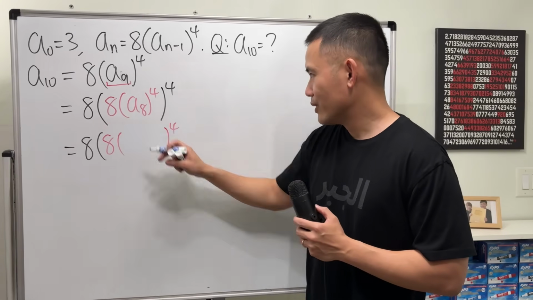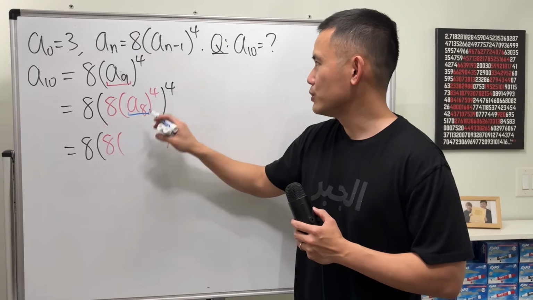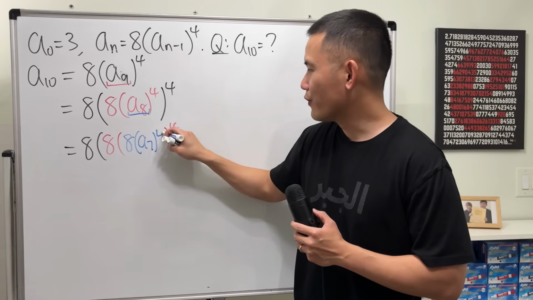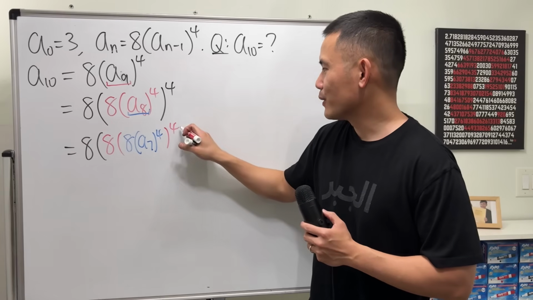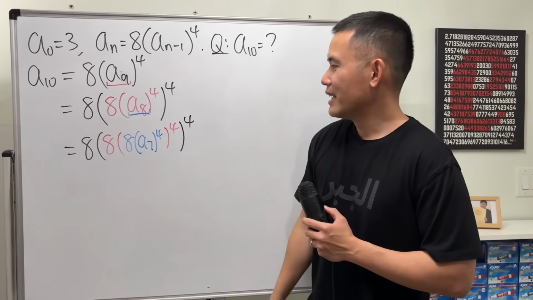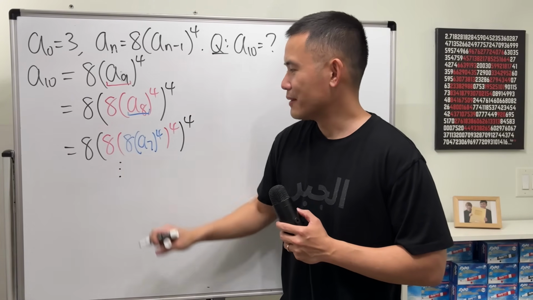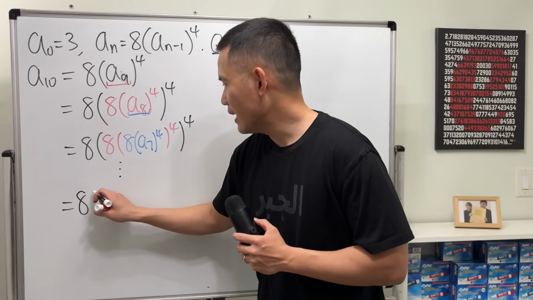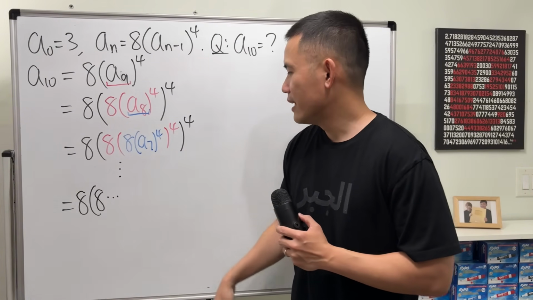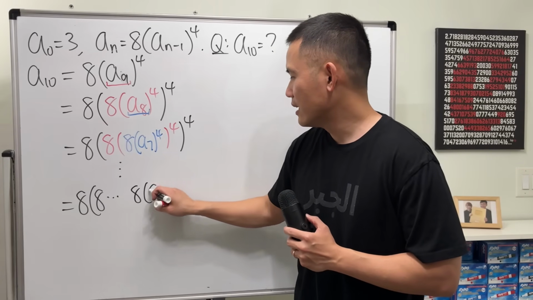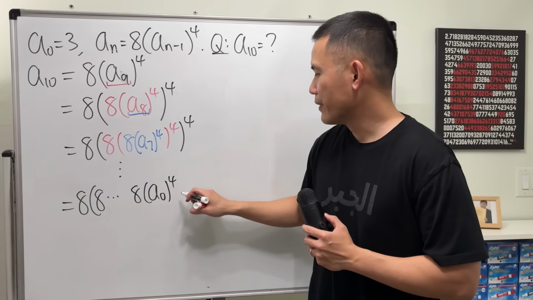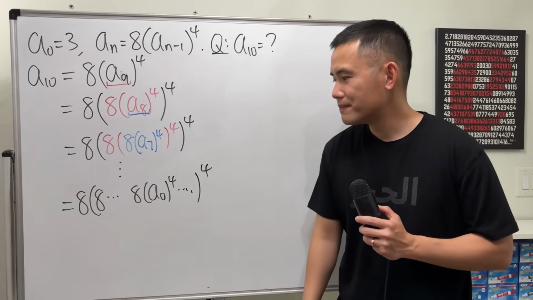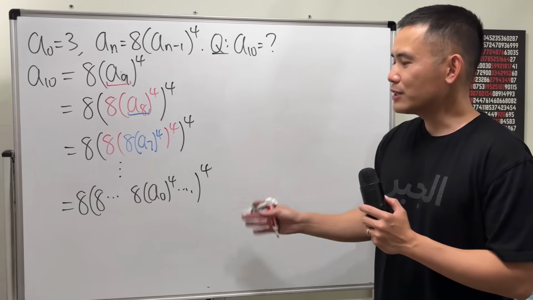If you continue, you have to figure out a8, which, using this again, is 8 times a7 to the fourth power. And then on the very outside here, we still have another 4. You just keep doing this until you have a lot of 8s in the front, and then you will see an 8 and then a0 to the fourth power, and then a lot of parentheses and the fourth power like this. Okay, so that's what I did.